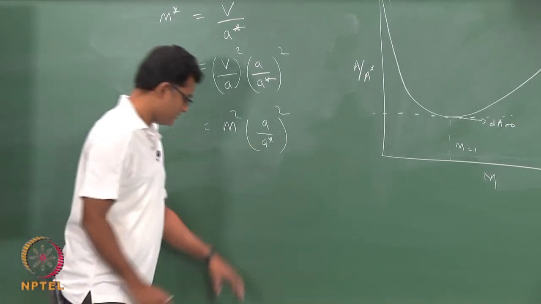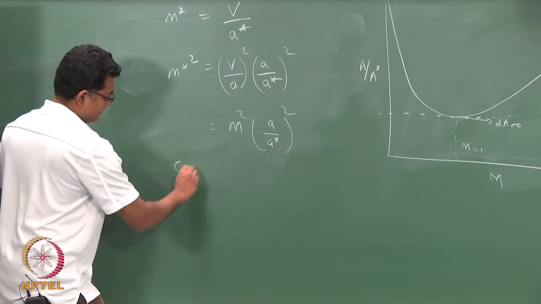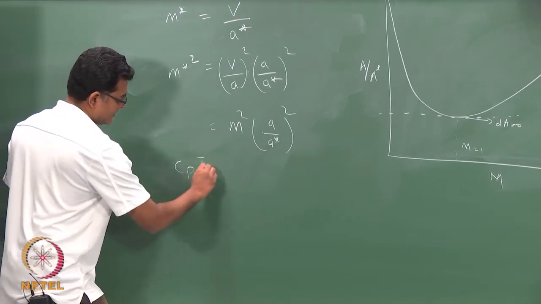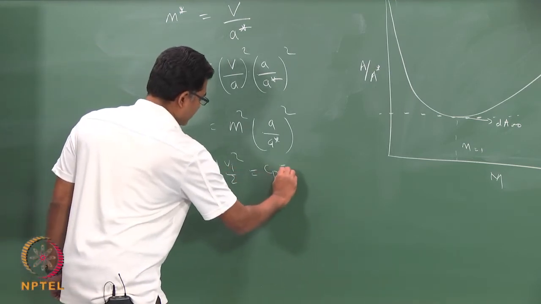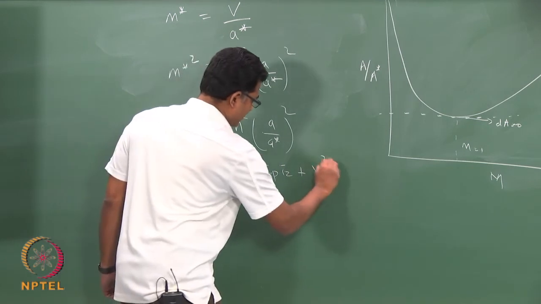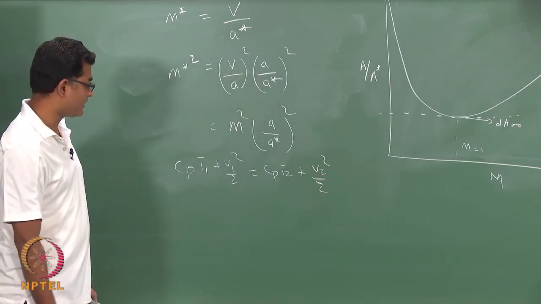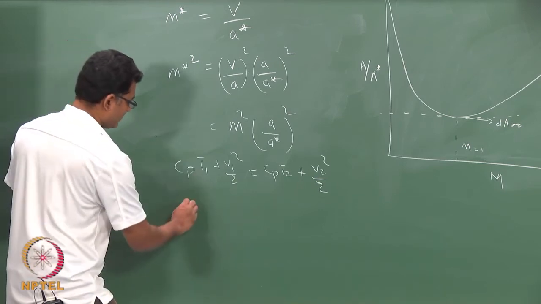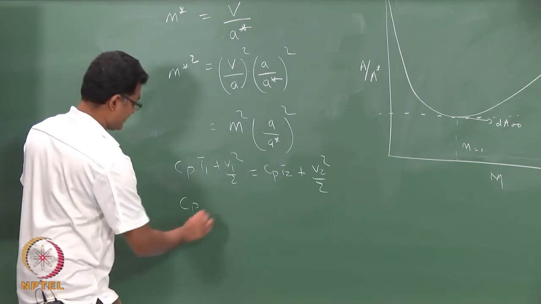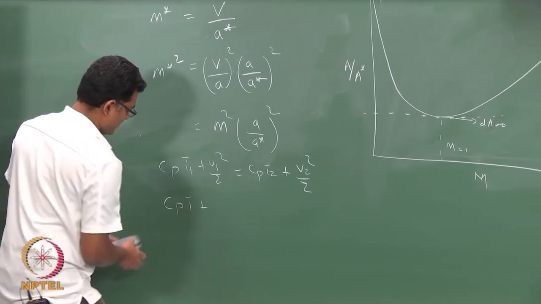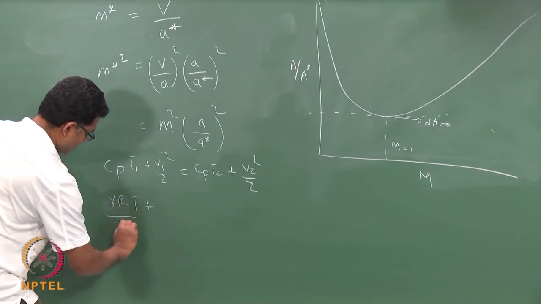So, now we will substitute a by a star from our energy equation, which tells me Cp T1 plus V1 square by 2 equals Cp T2 plus V2 square by 2, for an isentropic flow with no heat and no shaft work, and I replace Cp with gamma R by gamma minus 1.